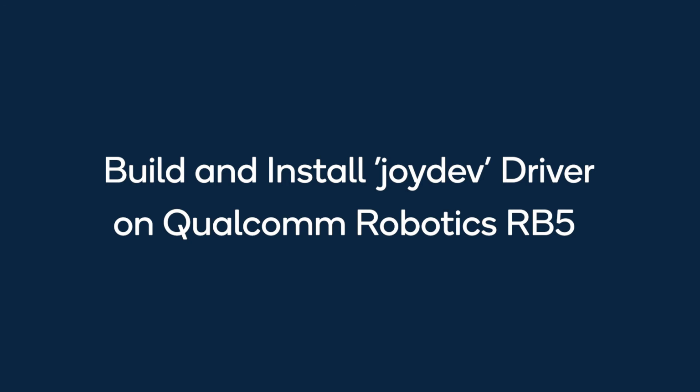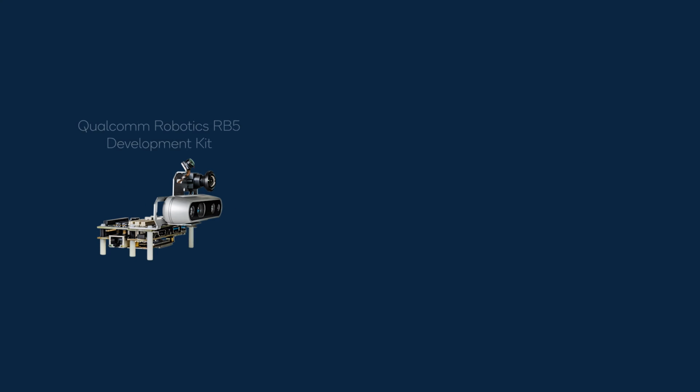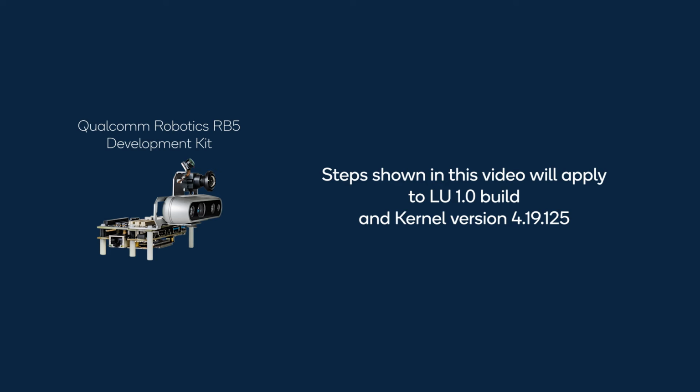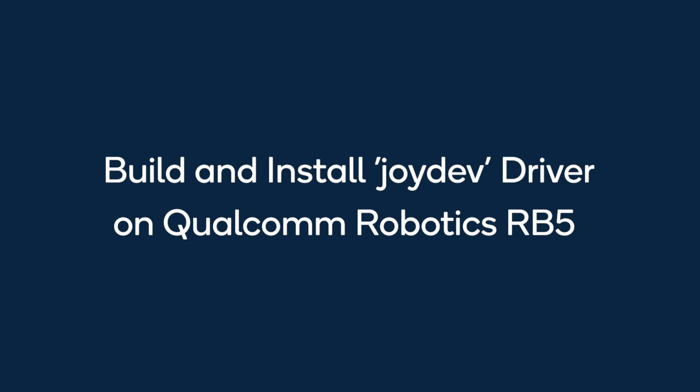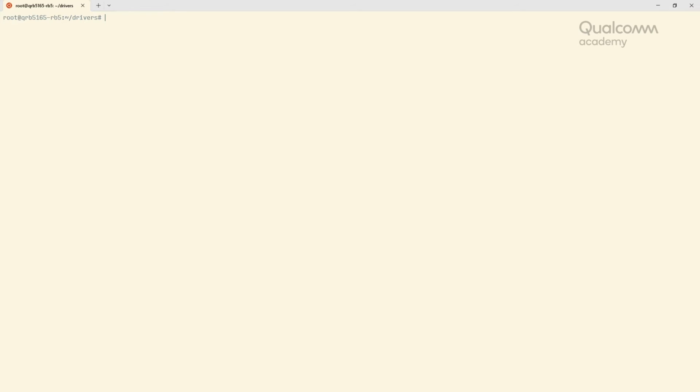Now we can start setting up the software on the RB5. The steps that I'm going to show you will apply to the LU 1.0 build and kernel version 4.19.125. First, I'll run the uname -r command to give us the current running kernel version.